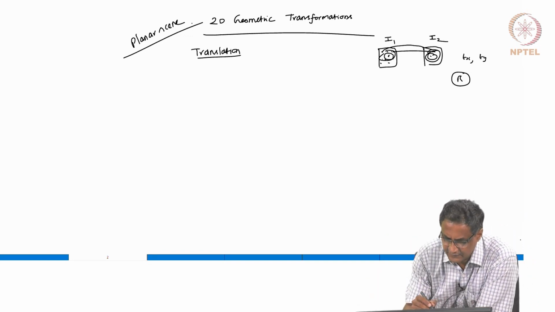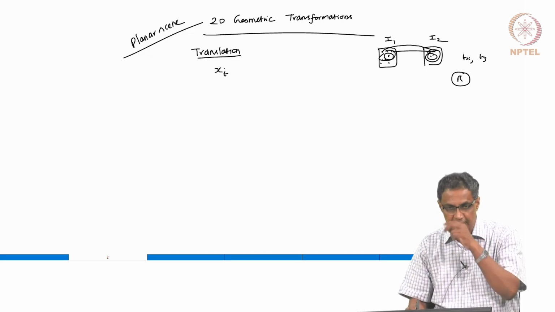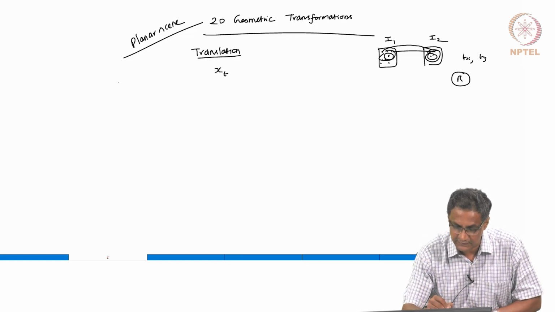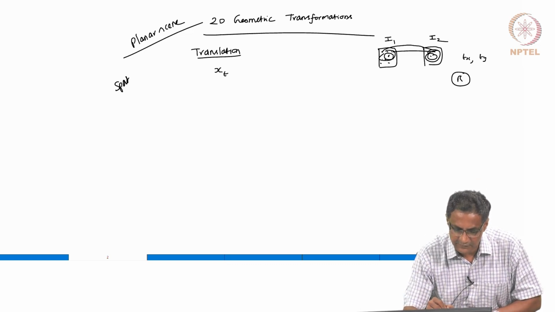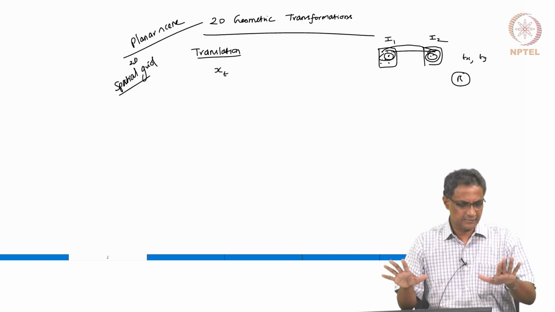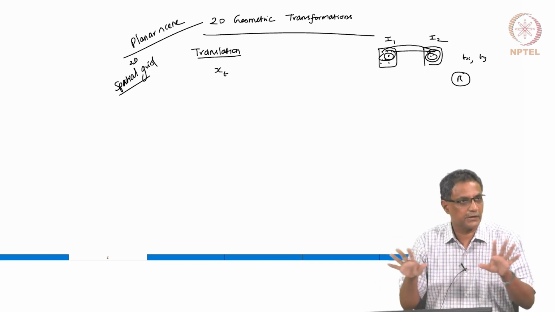So translation. All of these operations are happening on the grid, on your spatial 2D grid. So it's a purely geometric operation. There's no photometric operation going on here.